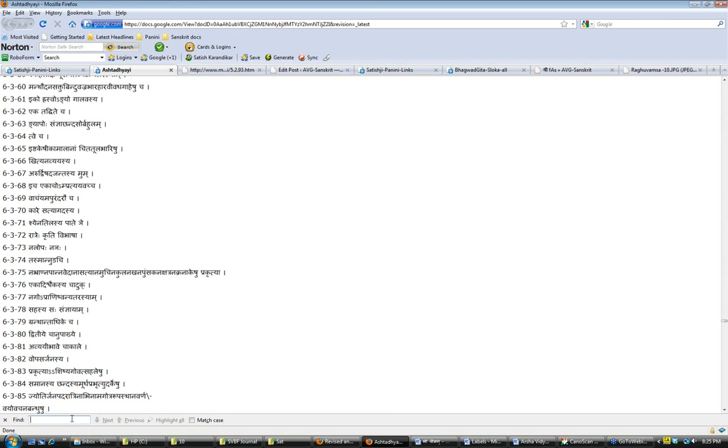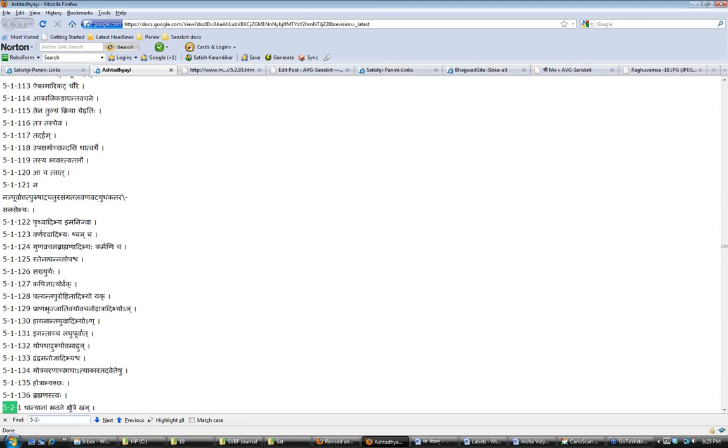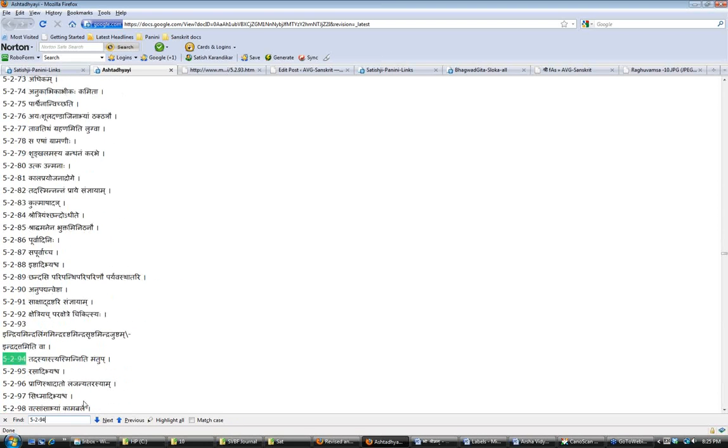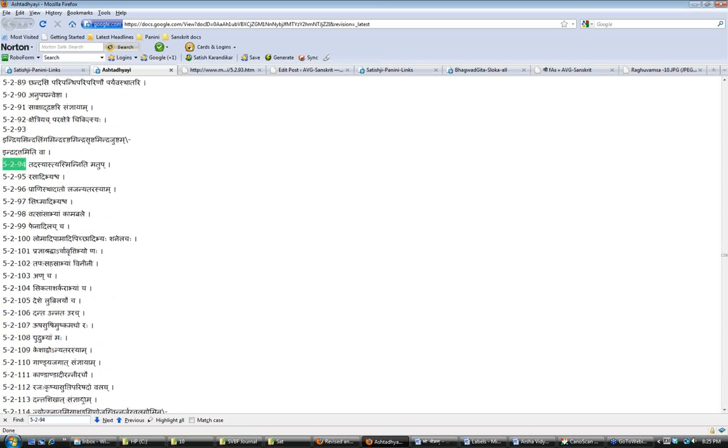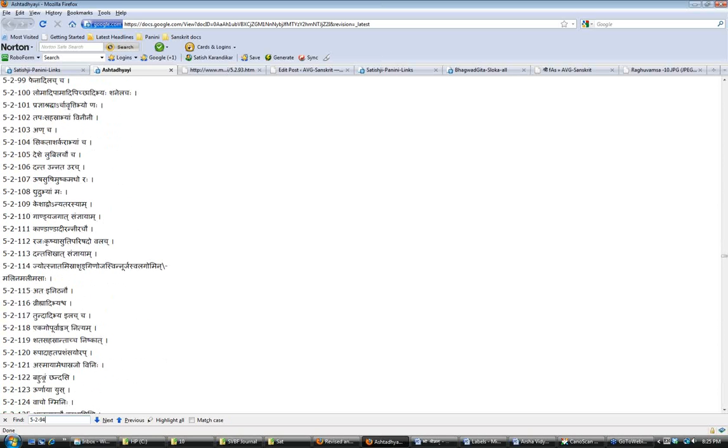I think the sutram starts with, let's see, 5294, where we started the adhikara. In that there is the sutram which says, asmaya medhas tajo vinihi.